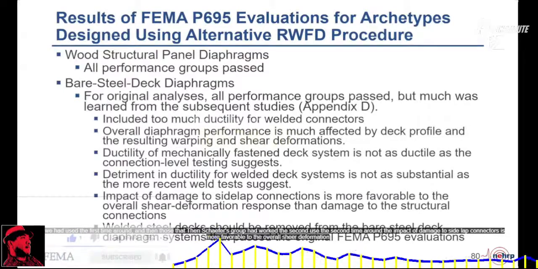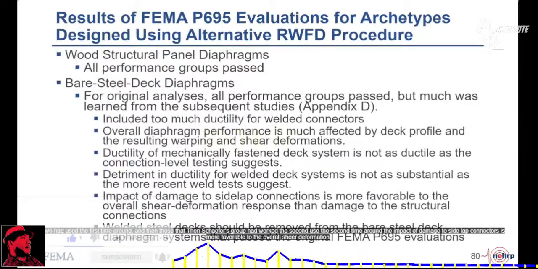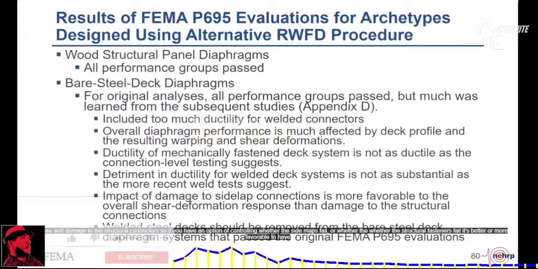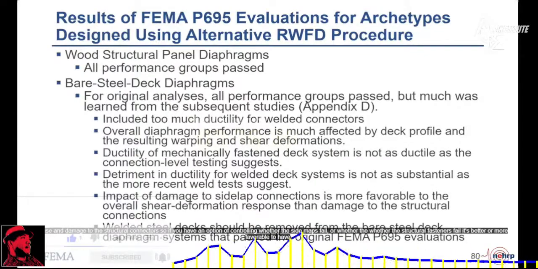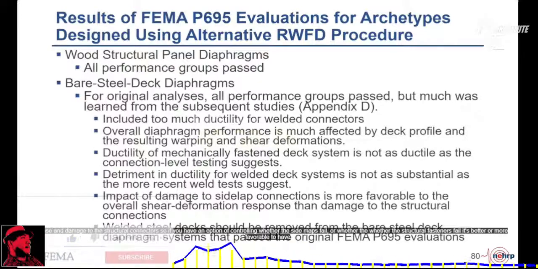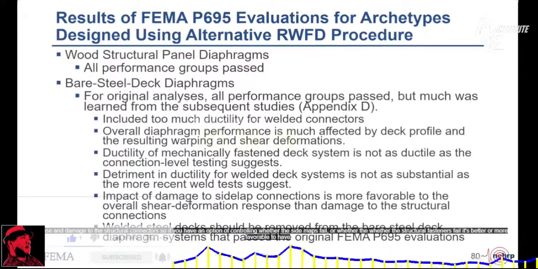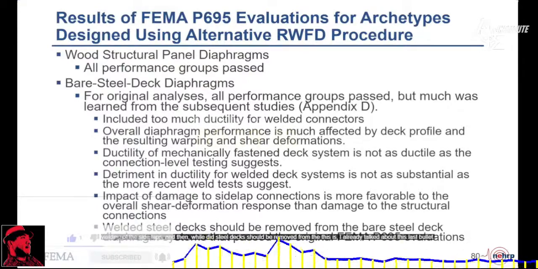The impact of damage to side lap connectors is more favorable to the overall shear deformation response than damage to the structural connectors. So if you have an option of controlling whether the side laps fail or the structural fasteners fail, it's more favorable to have yielding of the side laps.